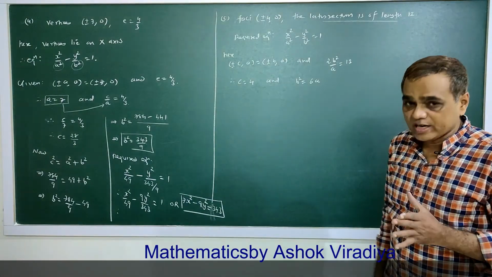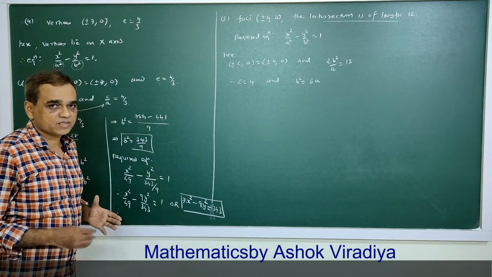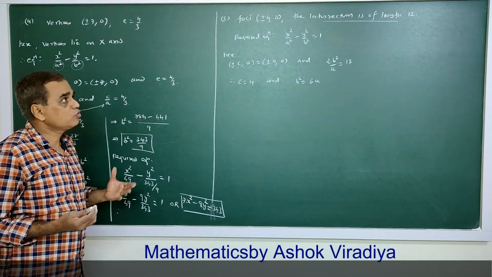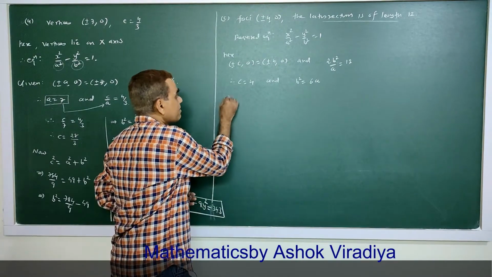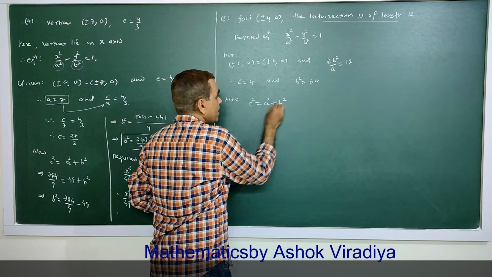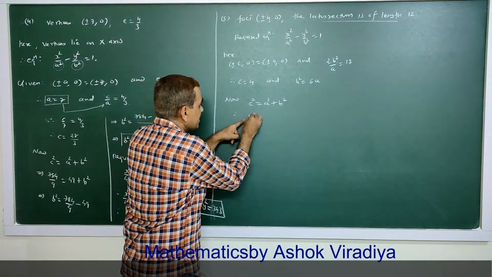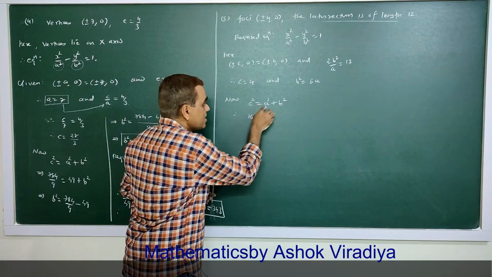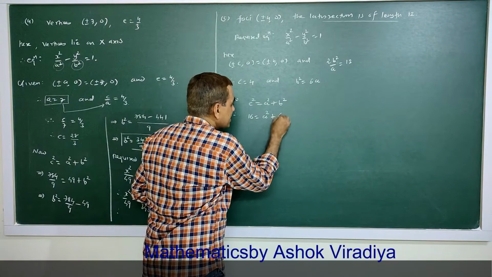Now we solve this. We want the values of a and b to substitute in this equation. So now we come to the relation c square is a square plus b square. c square is 16, a square keep as it is, b square is 6a.